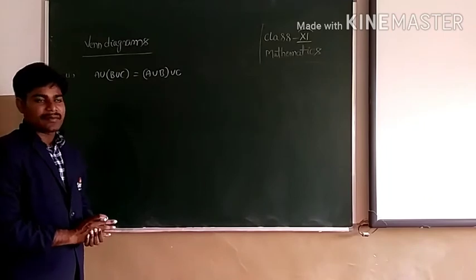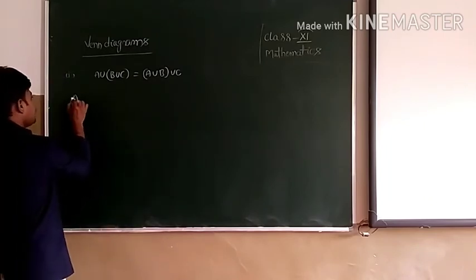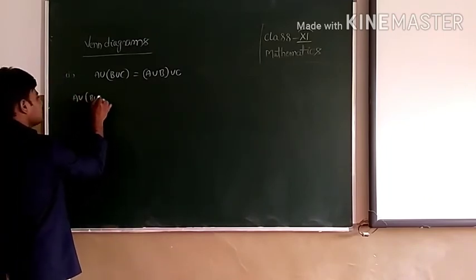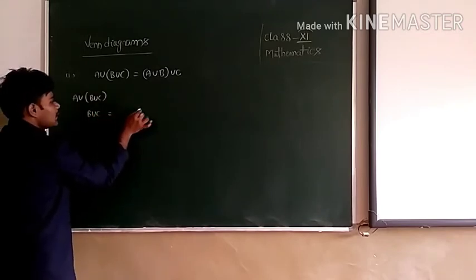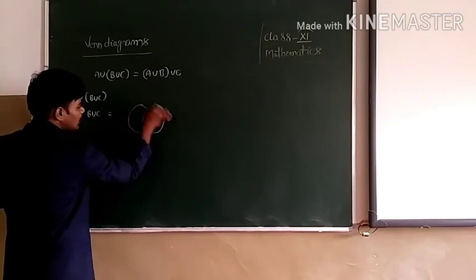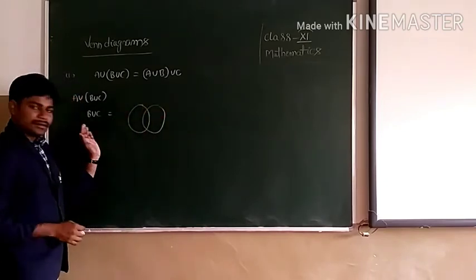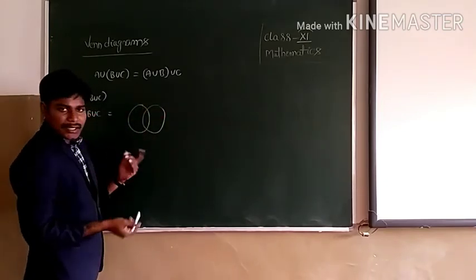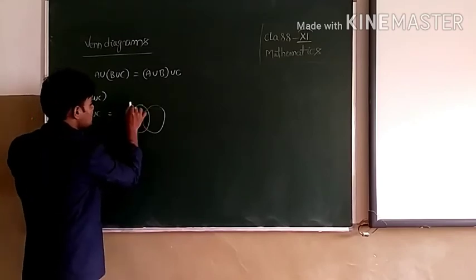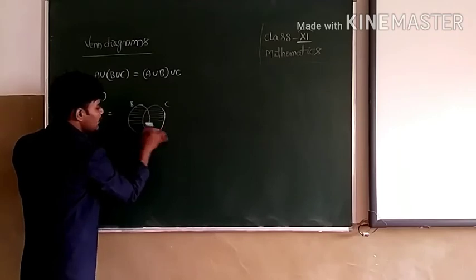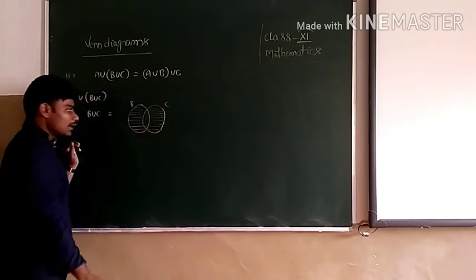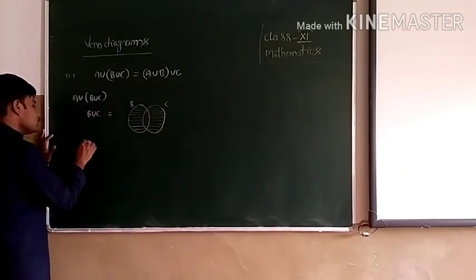First let me see A union (B union C). For this Venn diagram, first let me find B union C. B union C contains the total part of B and C. Here this is B, this is C. This total part represents B union C. Next, one more side is there: A union (B union C).